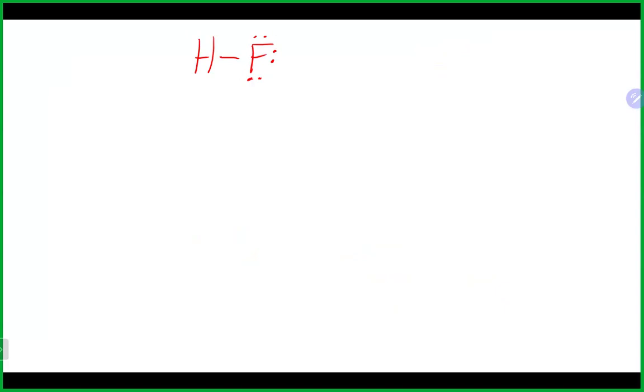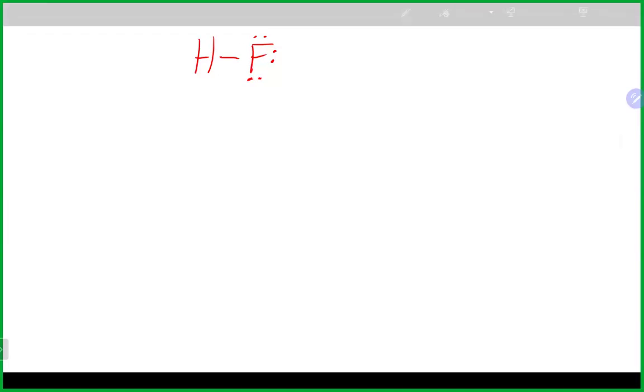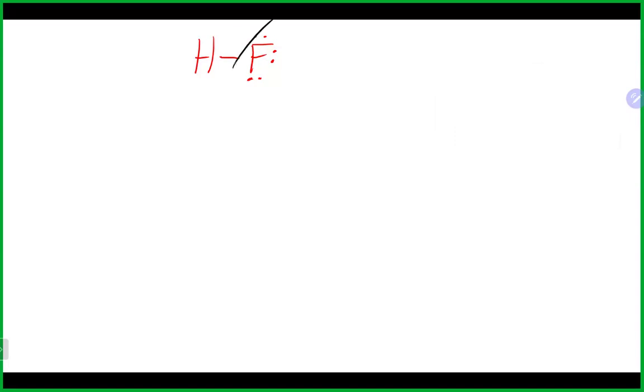So what's going to happen is the electrons are going to be more attracted to the fluorine side than the hydrogen side. If I do my little bad scribble here, if this is electrons, most of them are going to hang out over there on the fluorine side rather than the hydrogen side.